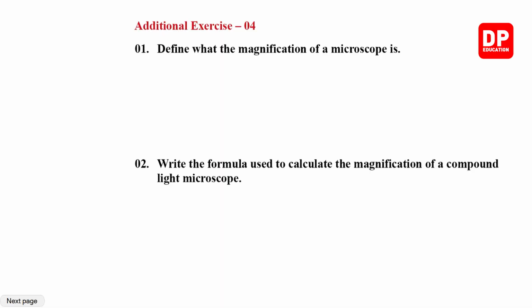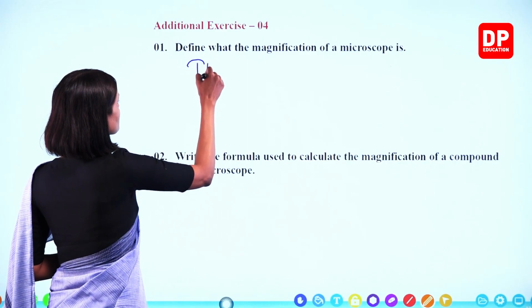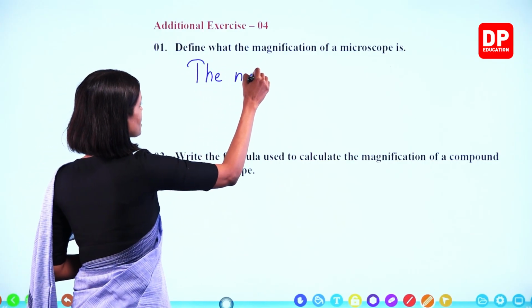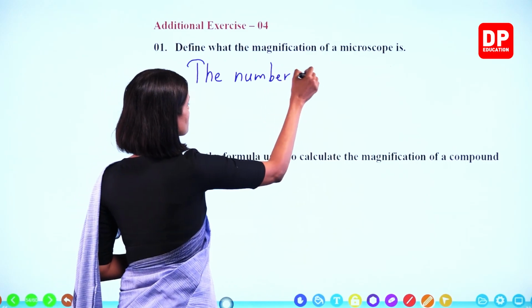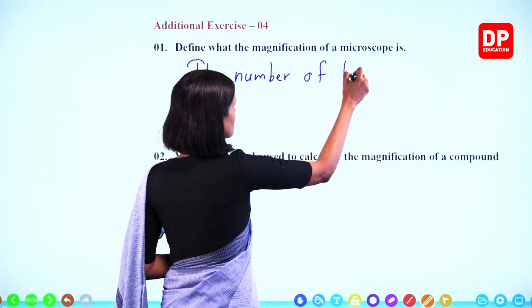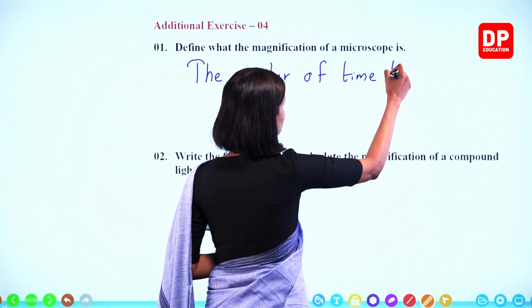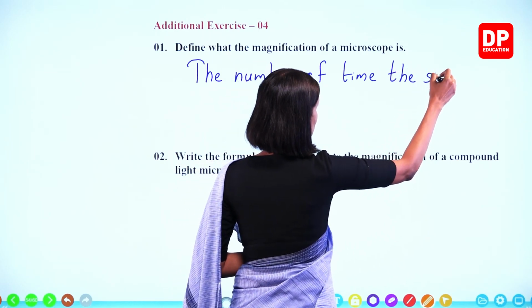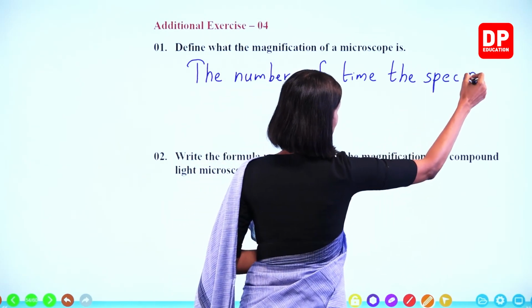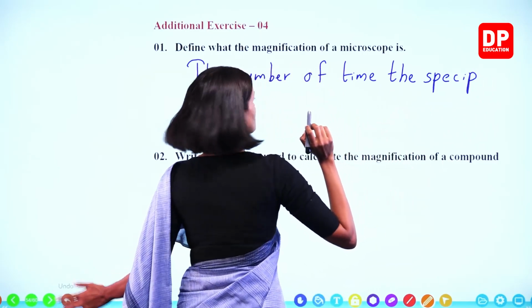Okay, exercise number 4. Define what the magnification of a microscope is. Let's write. The number of times the specimen is enlarged or magnified.